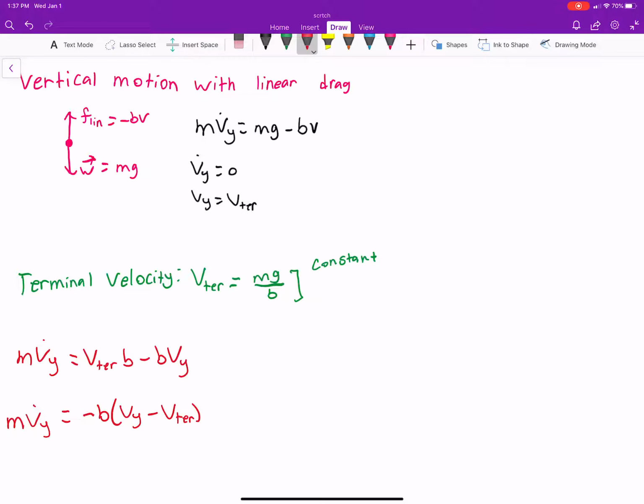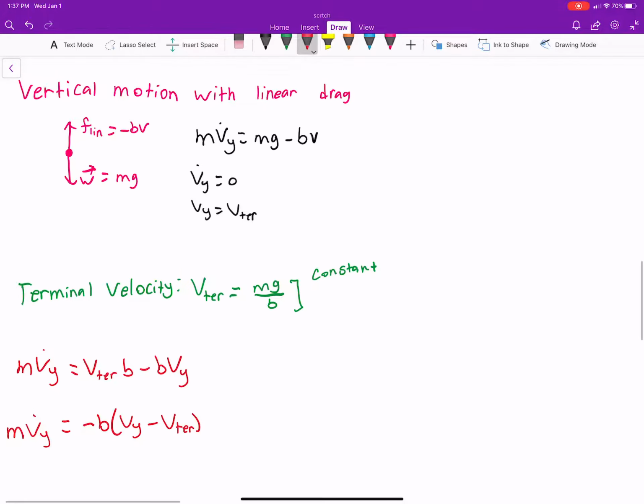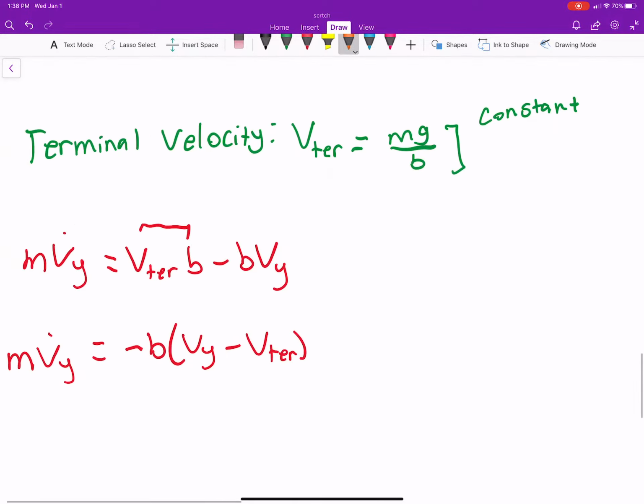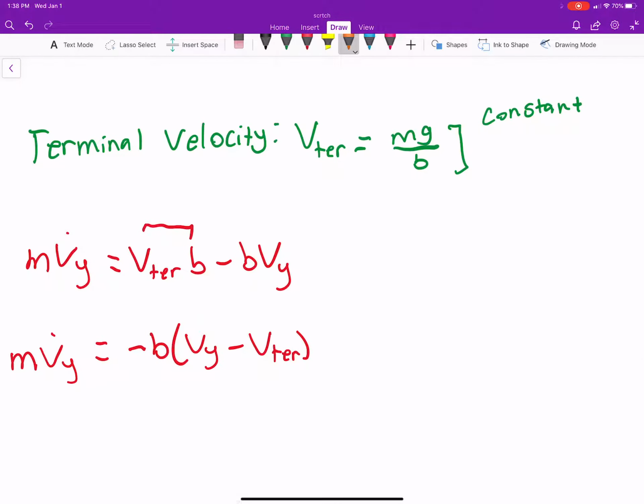So hopefully you guys see that I just substituted v terminal into our Newton's laws of motion over here. So mg over b, I just replaced that with v terminal. Hopefully you see the substitution, I didn't change anything and you're okay with why that's all right. And then the next step, I just factored it out.